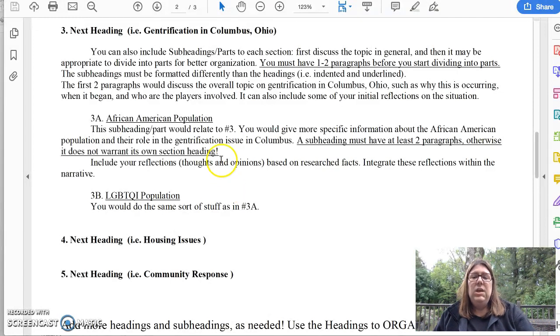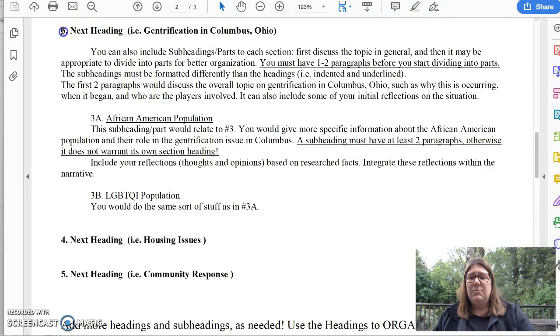Okay? So a heading must have at least 2 or 3 paragraphs to warrant its own heading. If it only has 1 paragraph, even 2 paragraphs, it's pretty weak. Maybe it shouldn't have its own heading. Okay? And within a heading, you can also use subheadings.